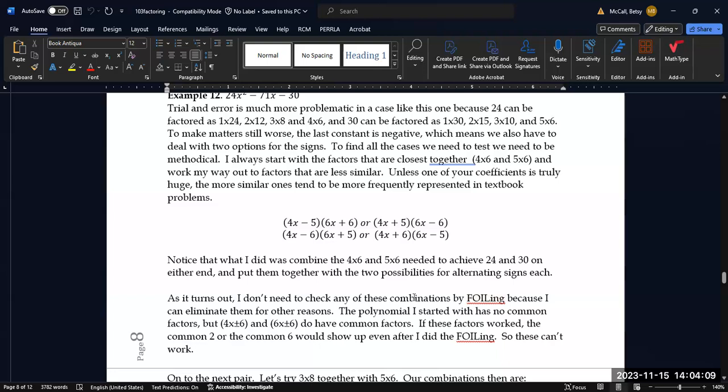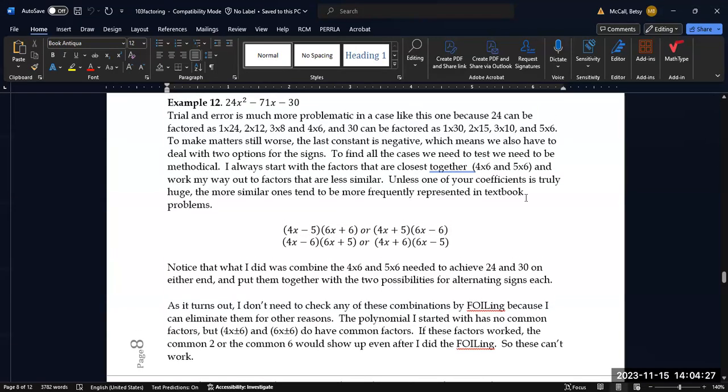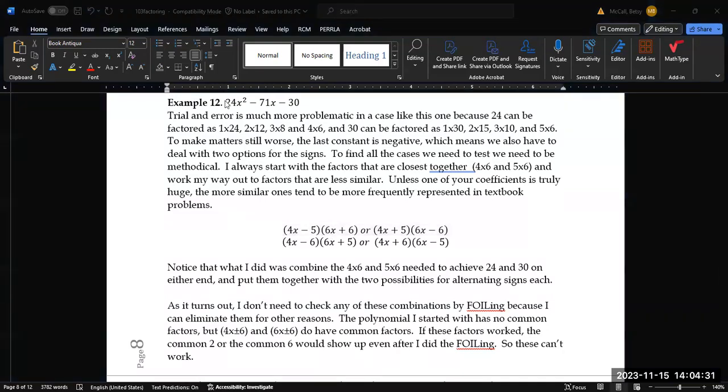Now, as it turns out, there are reasons that we might want to eliminate some of these factors to start with. For one thing, if 6x plus 6 or 6x minus 6 was in our original problem, then there would be a common factor in this factor, and therefore there would be a common factor in our original problem.